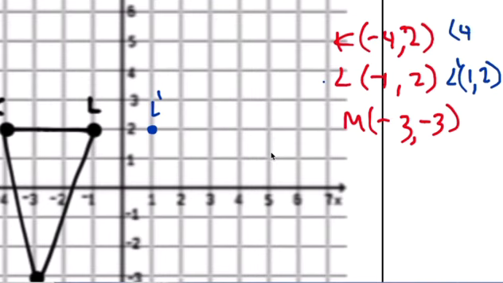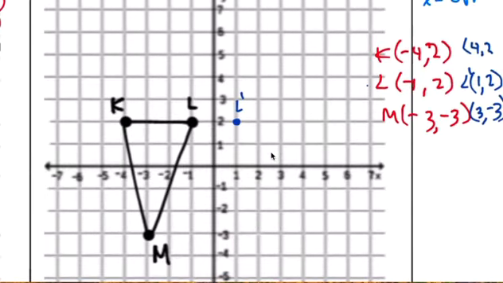That'll be 4, 2. Okay, that is K prime. And M prime is 3, negative 3.